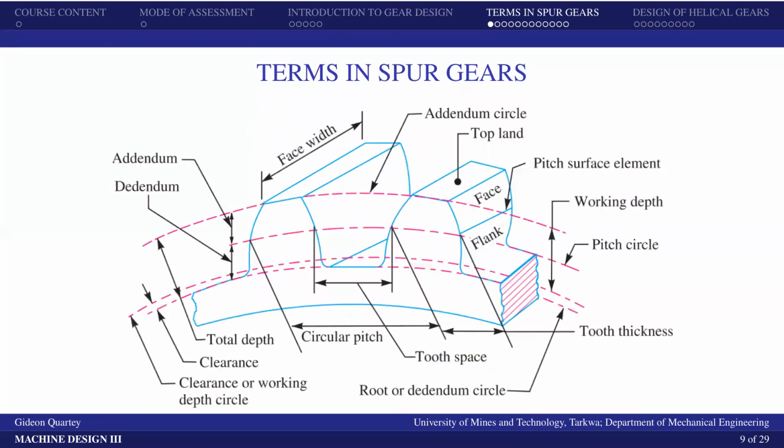Then I'm going to look at certain terms that are used in gear design. Some terms that you may come across. If you look at this one, this gives us a section of a gear, and there are different names depending on the area of the gear that we are looking at.